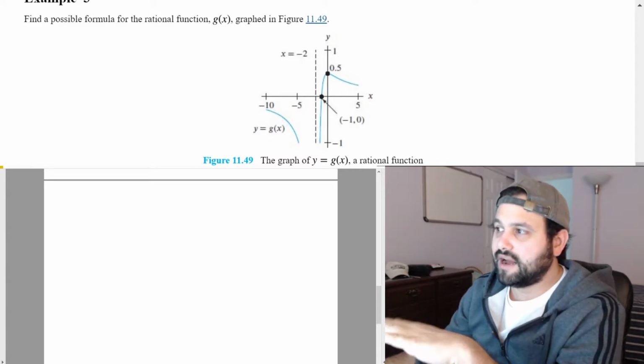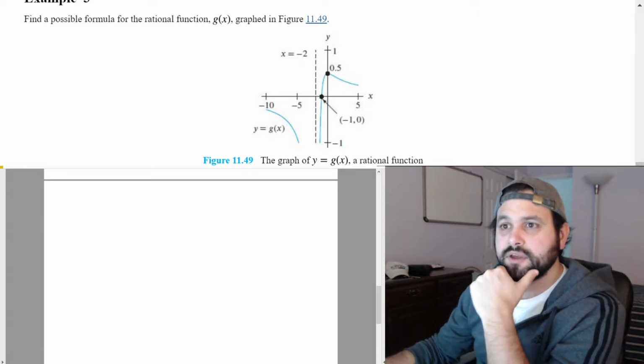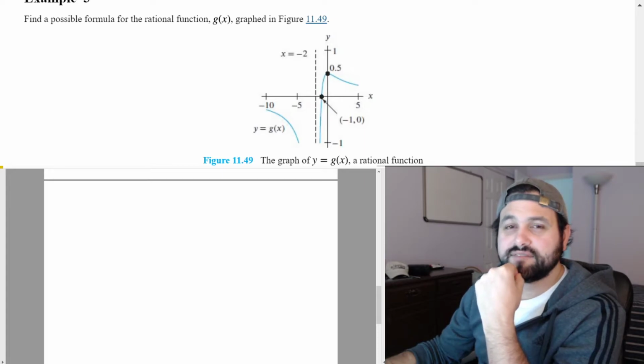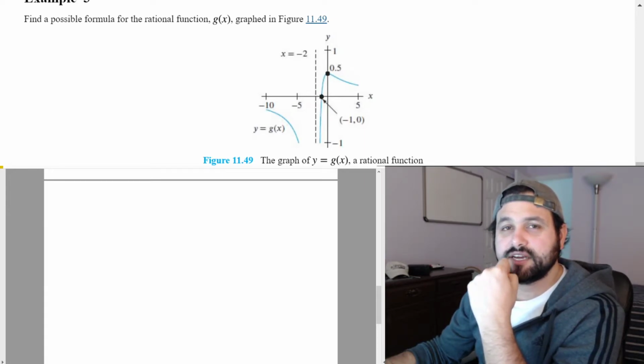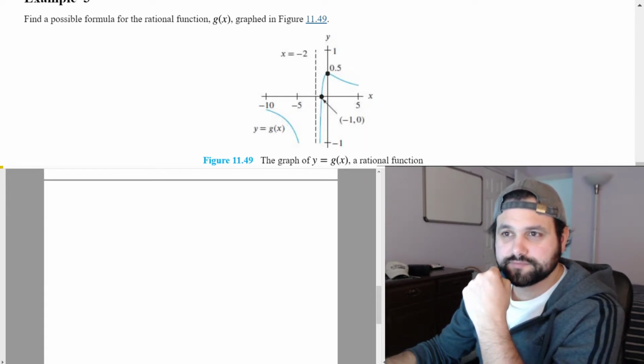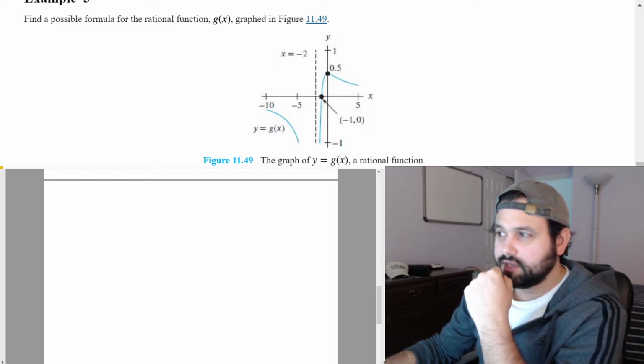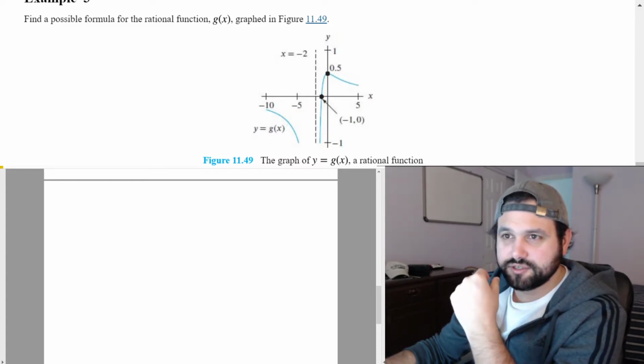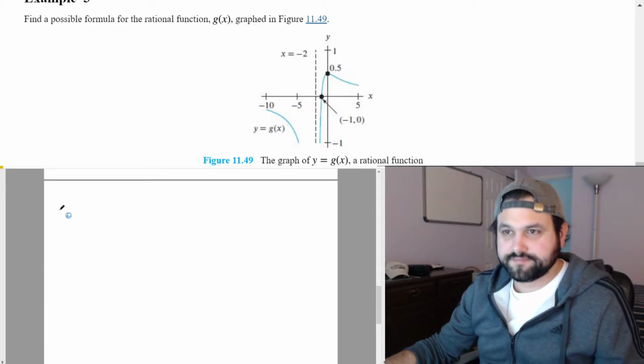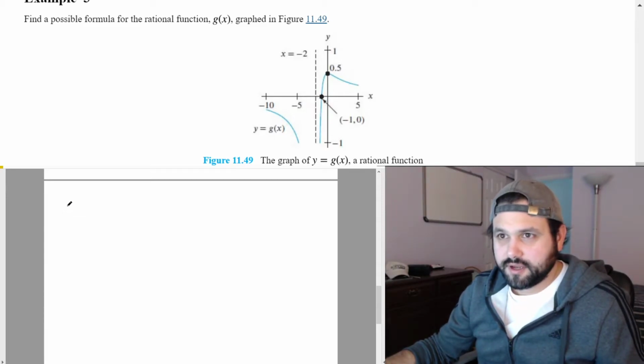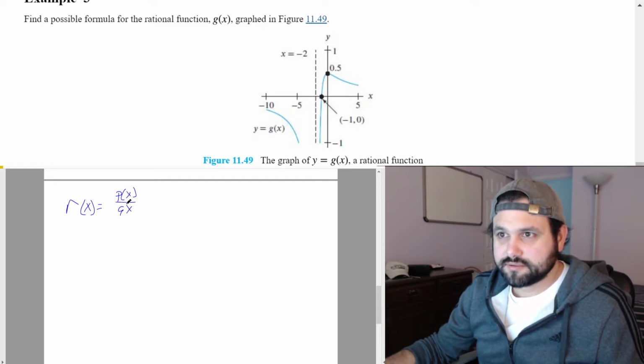So based on the graph, what are some features we see? Well, first of all, we should go over the standard form of a rational function, which I sometimes just write as r of x, and then I do what the book does with p of x over q of x, right?